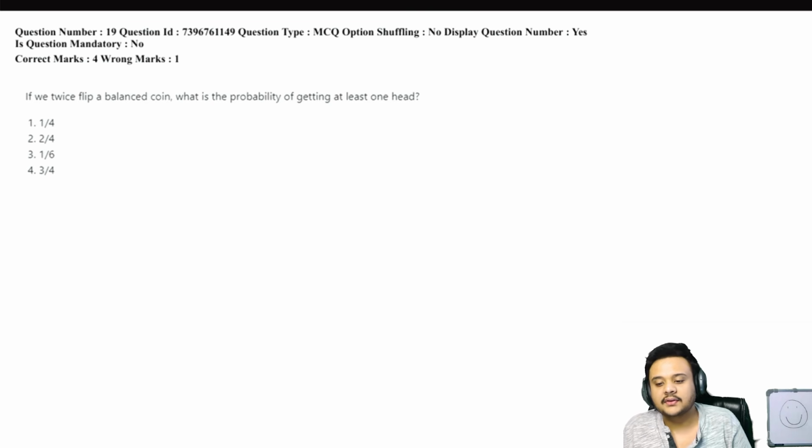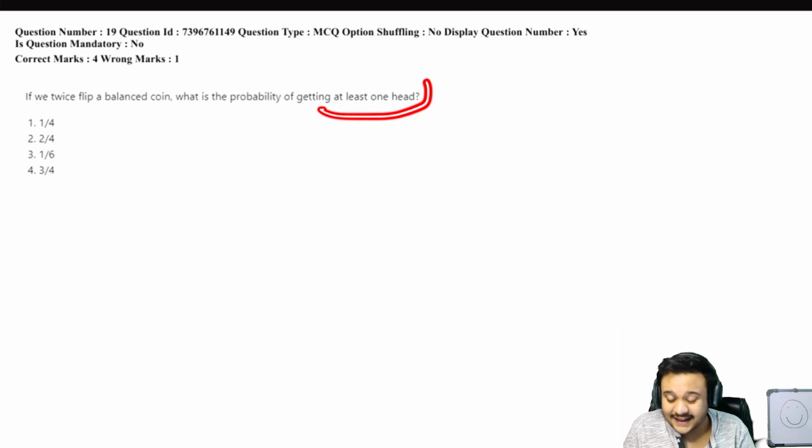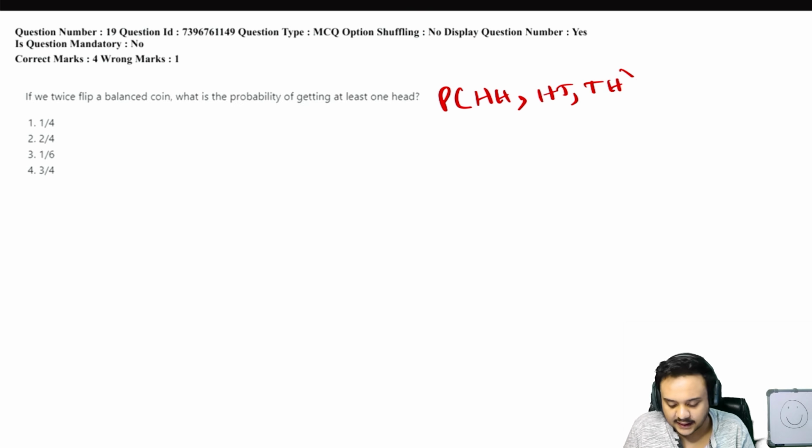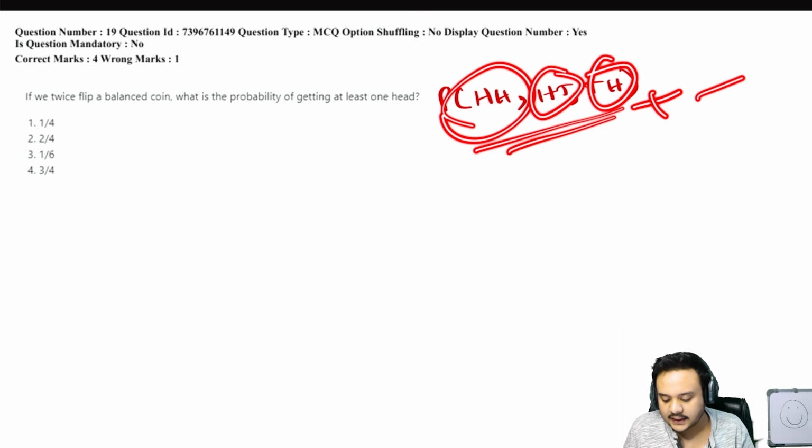Again, a very simple question. You have a coin that you have flipped twice, and you have to find the probability of getting at least one head. You can solve it two ways. The first is to find the probability of HH, plus HT, heads first then tails, plus TH, tails first then heads. Then you find the probabilities of each of these events and add them up to get your answer.